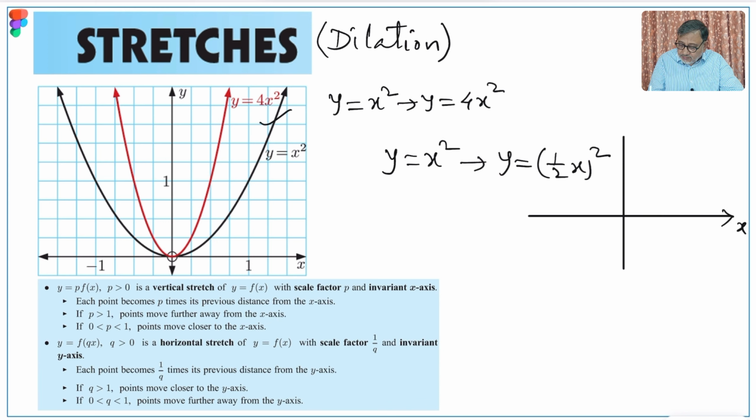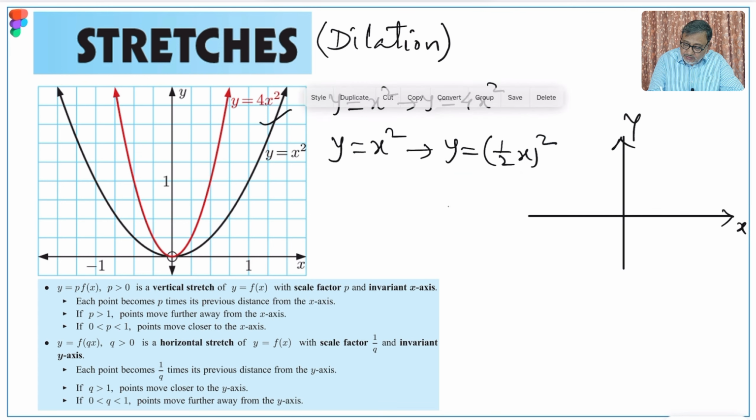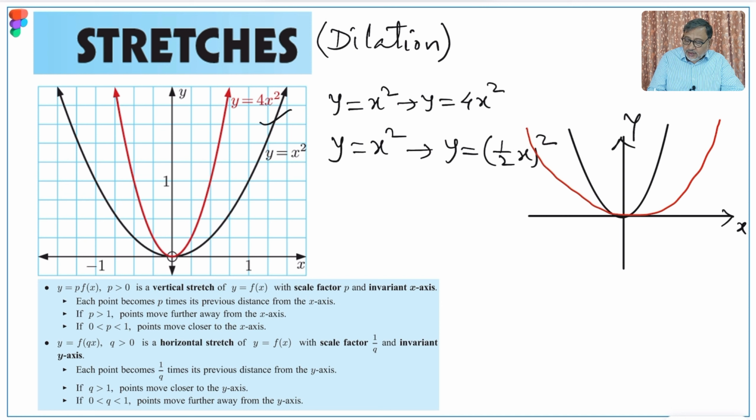So look here, your original graph was like this. Now when you multiply it by half, your graph now will go away from the y-axis. Every x coordinate will get multiplied by 2.